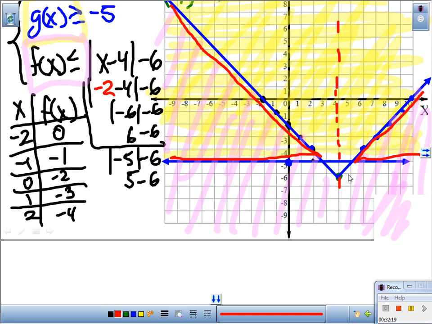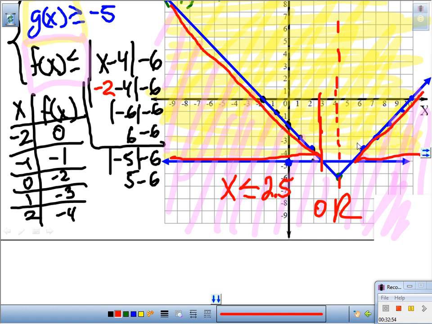That means the domain would be an or. What's my x value here? Where does it start? It's about 2.5. Or is it 2? Look at it. Isn't it about right here? It's about 2.5, so it's x less than or equal to 2.5.